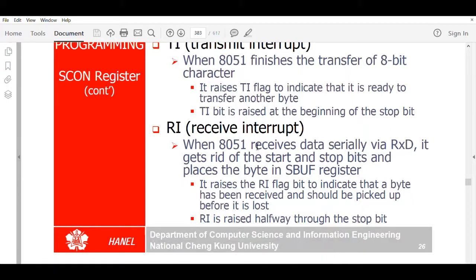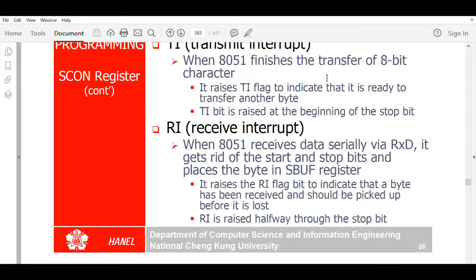So TI, RI. TI is at the transmitter end, RI is at the receiver end. After transmitting the data, when the stop bit comes up, TI will be made equal to 1 so that the transmitter informs the 8051 that it is ready to transfer another byte of data.